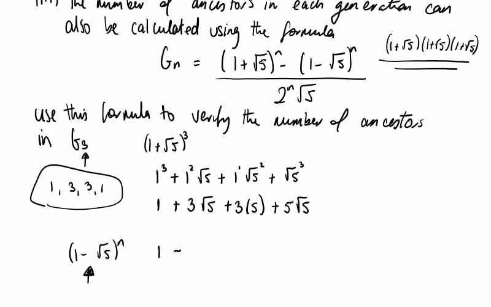So it's going to be 1 minus 3 root 5 plus 3 times 5 minus 5 root 5. So the first one gives me 1 plus 15 plus 3 root 5 plus 5 root 5. So that's going to give me 16 plus 8 root 5. This one's also going to give me a 16, but it's going to be minus 8 root 5.